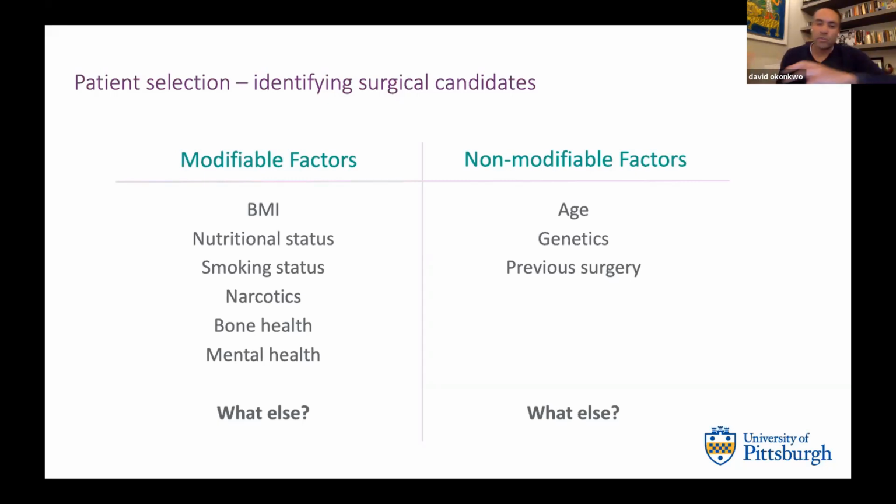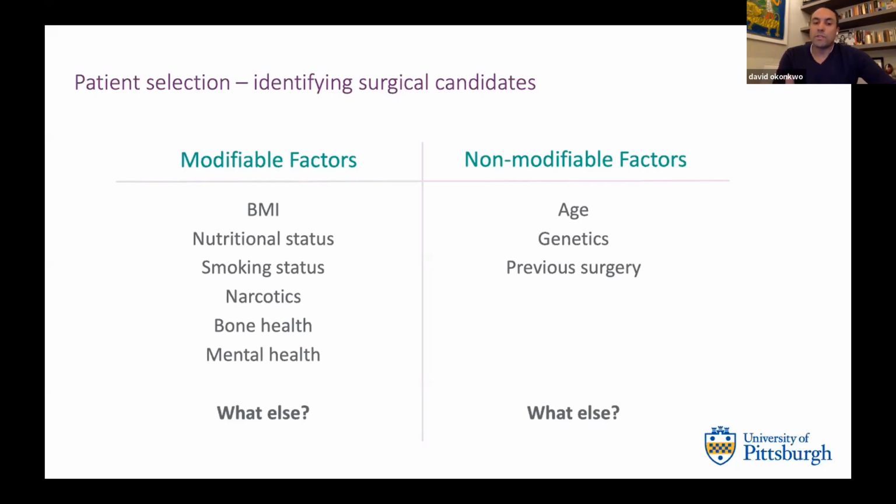And then 3 or 4 years later, we went back and said, okay, we've been doing this for 3 or 4 years. Let's look back and let's see whether there was a relationship between the preoperative prealbumin and the risk for wound complications after surgery. And we saw this very strong association between those things.